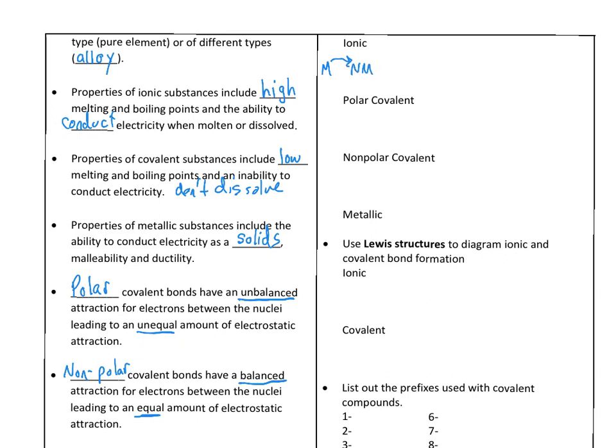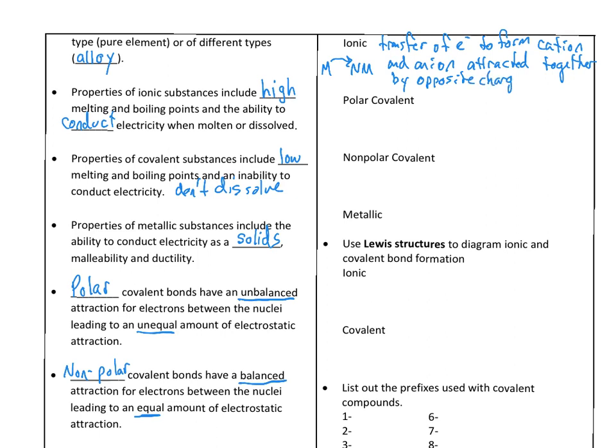So I'm going to say a transfer of electrons to form cation and anion attracted together by opposite charges. And you do always have to remember it is the metal giving to the nonmetal.